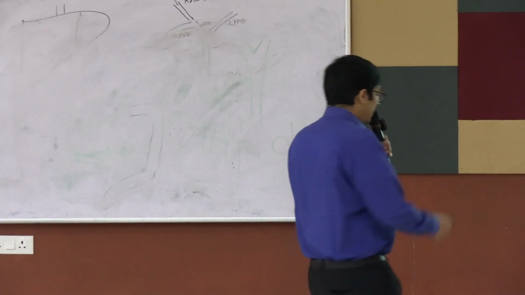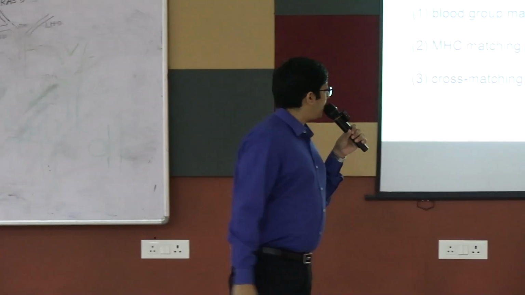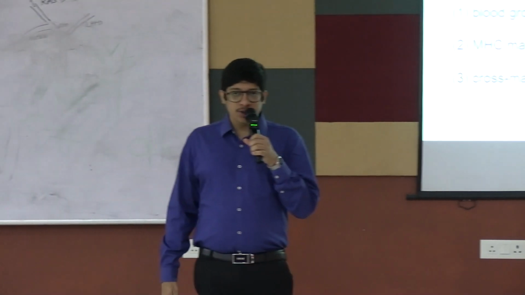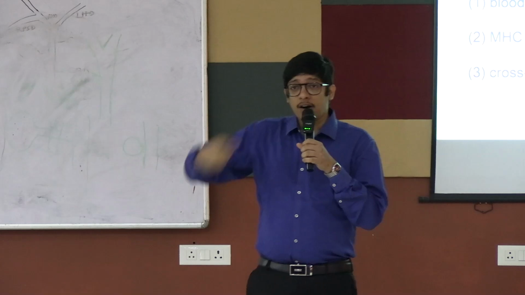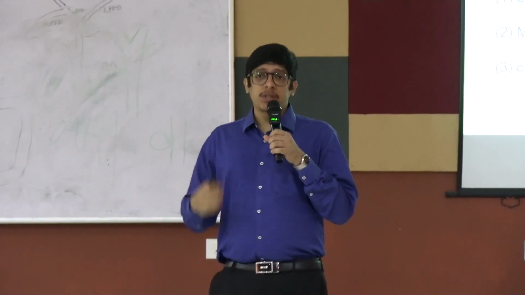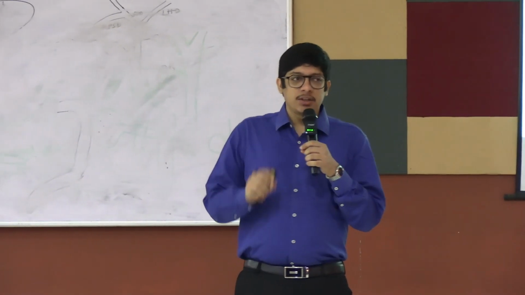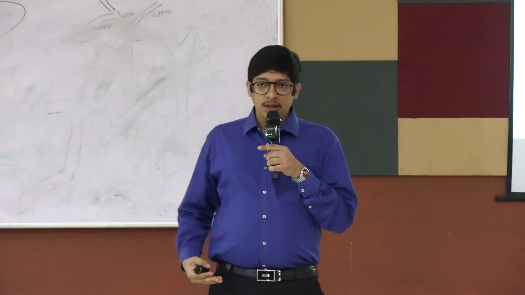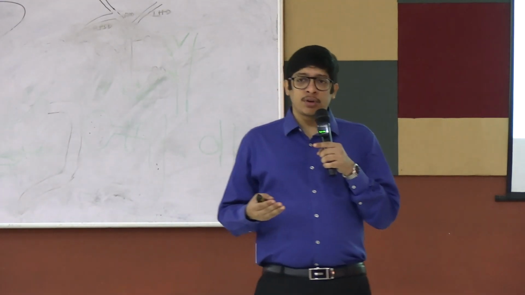Okay, so even after doing a blood match and a positive HLA match, there is always another third precautionary step to match the donor antigen and the recipient sera to see whether there is any immunological reaction.